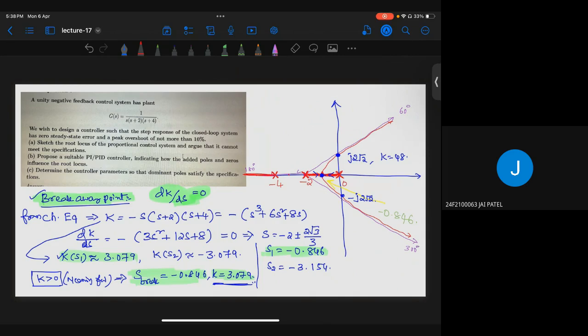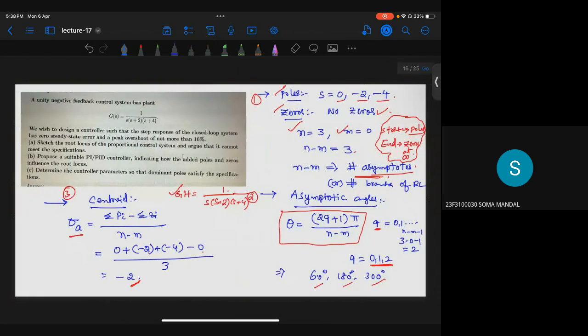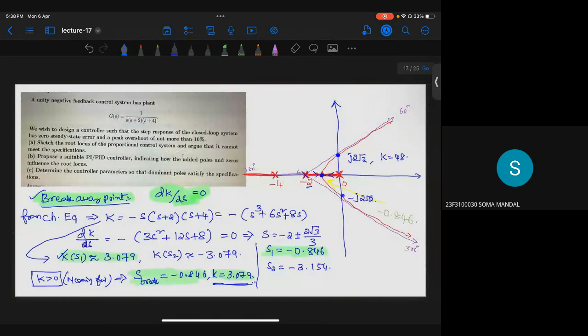Is this clear? Any doubt? No, sir. Then you can see the centroid is at minus 2, and the three asymptotes are at 60, 180, 300. So the centroid is at minus 2, and the asymptotes are these lines.